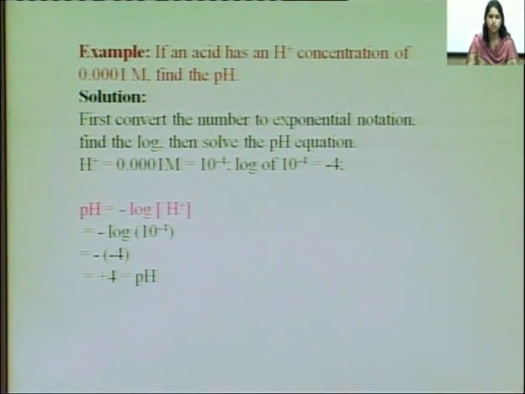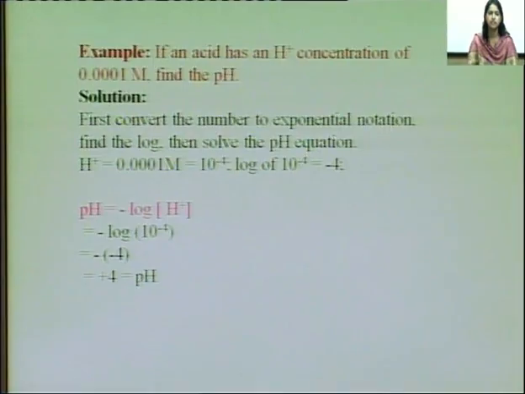Now, I am going to discuss the numericals based on pH. Let us start with the first example. I have already discussed the different formulas which are used for the calculation of pH. First, the simplest relationship between pH and the hydronium ion concentration is pH is equal to negative log of H positive ion concentration. So, what is the numerical?